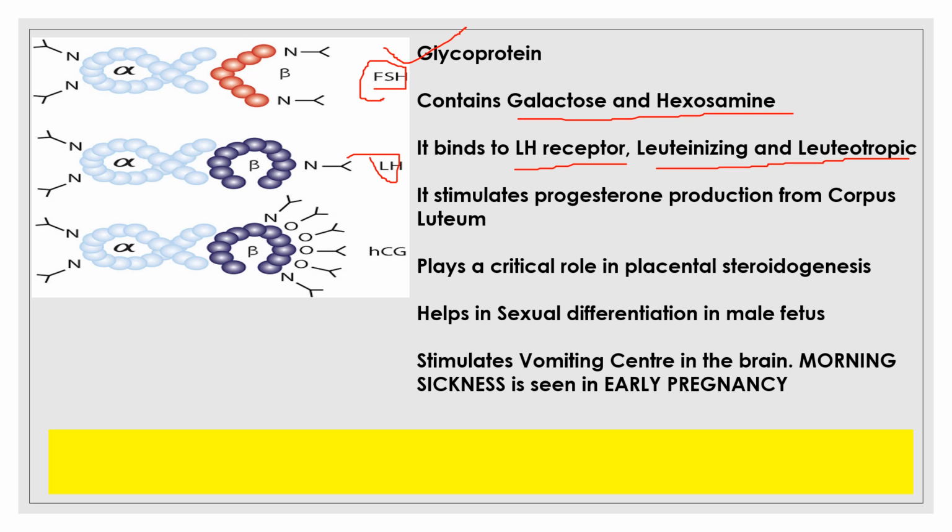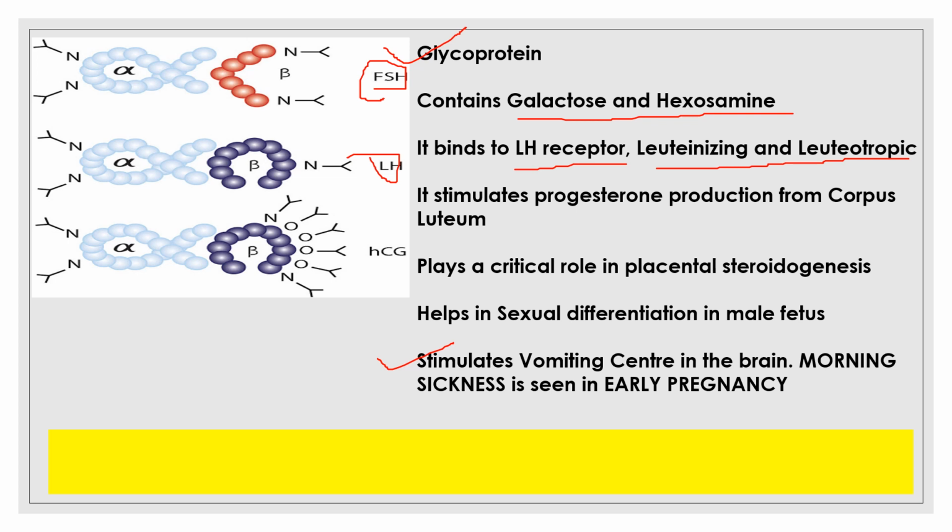HCG stimulates the Leydig cells of the male fetus to produce testosterone. This testosterone is very necessary for development of the external genitalia when it is converted to dihydrotestosterone, that we know. Another important function of HCG is that it stimulates the vomiting center. We know that in the first trimester the mother faces a symptom known as morning sickness, a vomiting tendency.